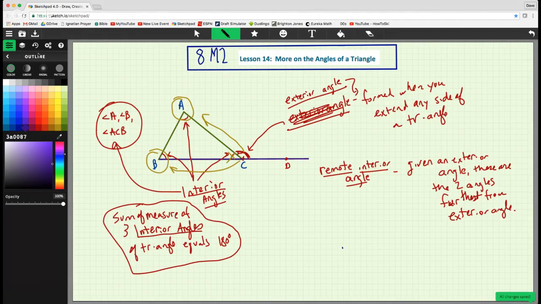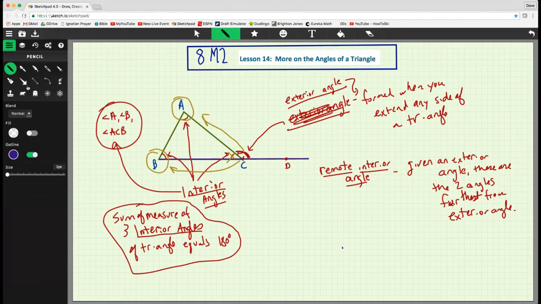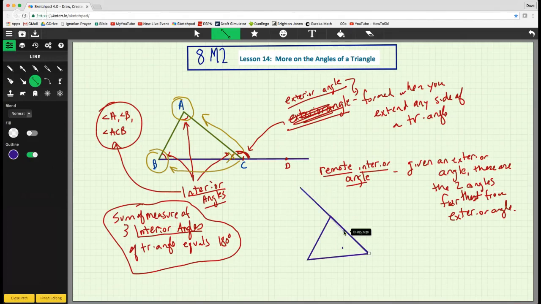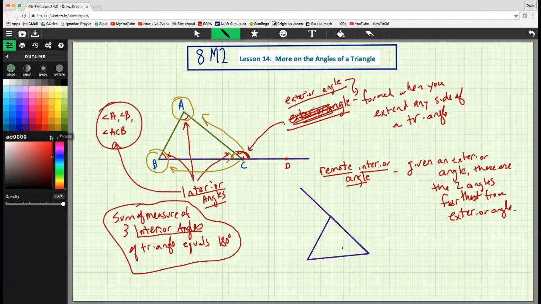So let's just do a quick test and make sure that you know what I'm talking about. Let's make a triangle. Okay. And let's now make another triangle. And let's label some angles here, and let's just make sure we understand this concept.